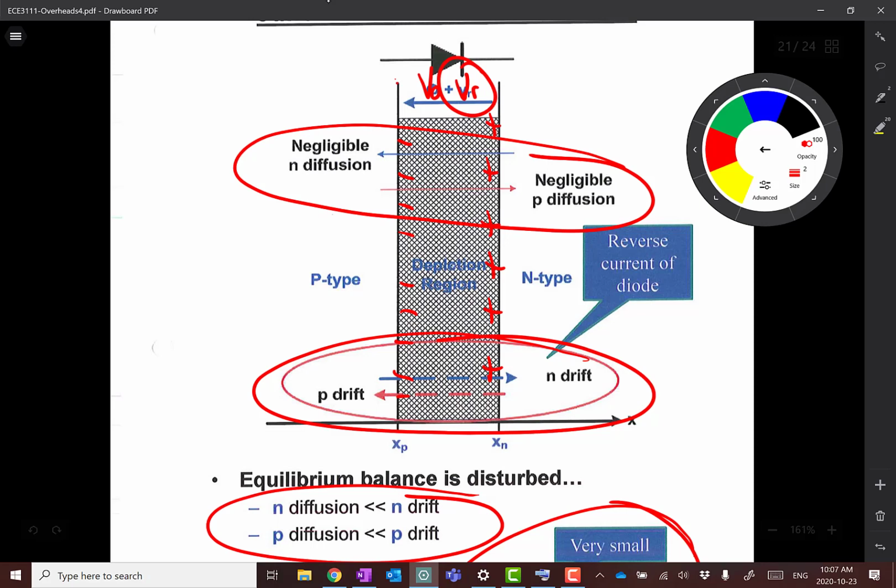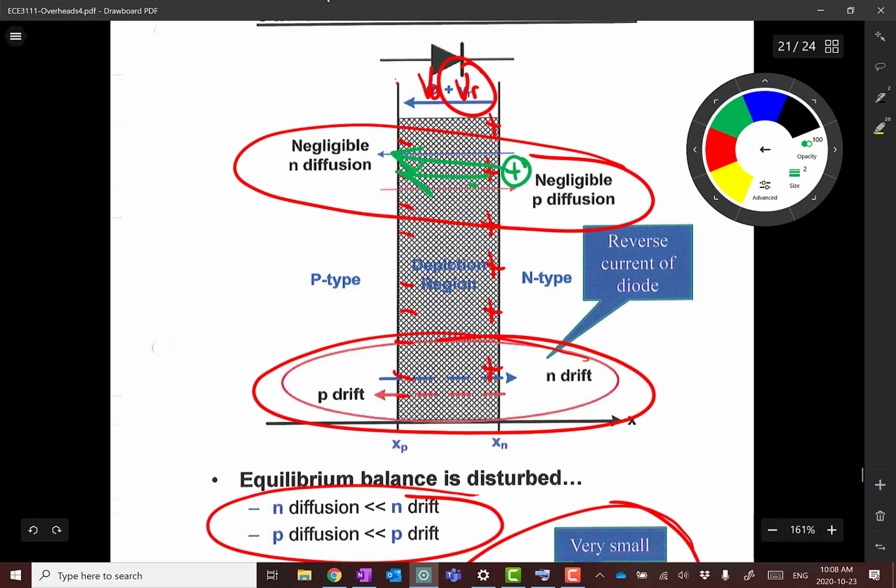So if this E field here gets sufficiently strong, it's going to start to rip, in this case, holes out of the lattice structure and pull them across the depletion region, or electrons get ripped out of the lattice structure.